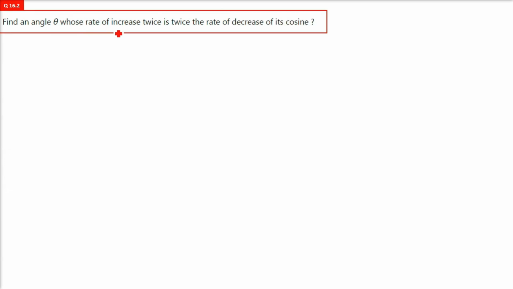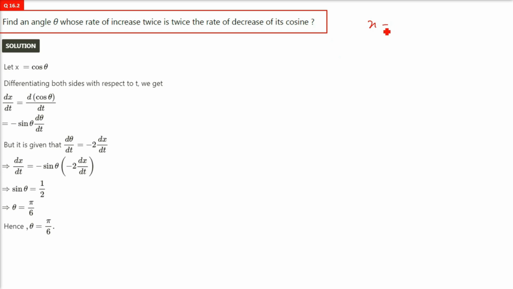Find an angle theta whose rate of increase is twice the rate of decrease of its cosine. So decrease means you have to use the negative first of all. So x is equal to cos theta, like the previous question we have done. Find the angle theta. So d theta by dt is equal to twice of dx by dt. X is cos theta. But it is negative. Please remember, because it is the rate of decrease of its cosine.